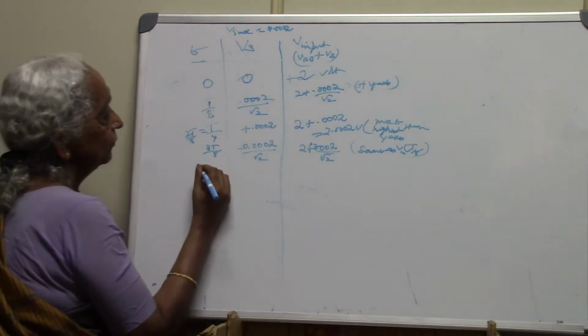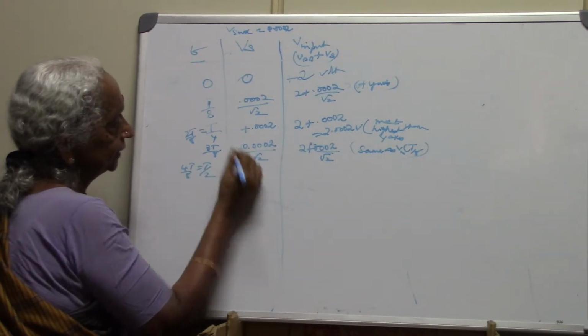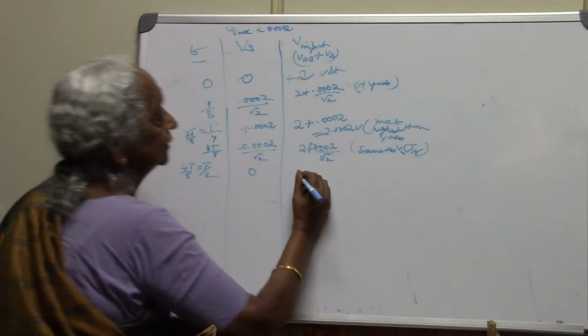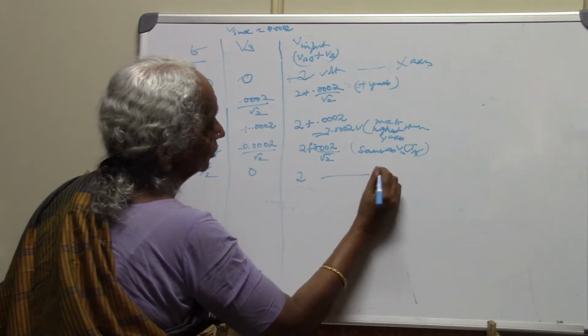Next, V at 4T by 8, which is nothing but T by 2. This once again becomes 0, and this will be 2 volt. This will be my x-axis, and this will also be x-axis.